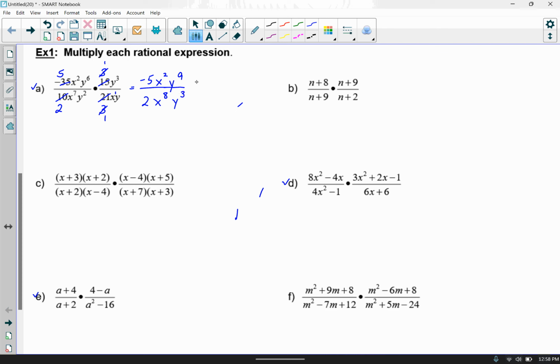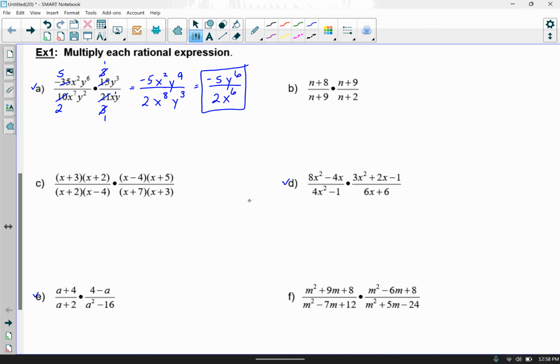Now let's do one last cleanup here. I'm going to keep my negative 5 over 2. Where do I have the most x's? On the bottom. How many more? 8 take away 2, so 6 more. Where do you have the most y's? Up top. How many more? 9 take away 3, 6. Final answer. Okay. All right, let's move on down to letter D.